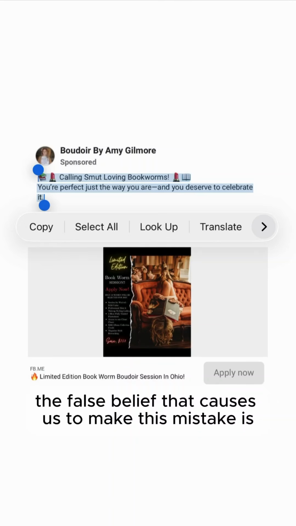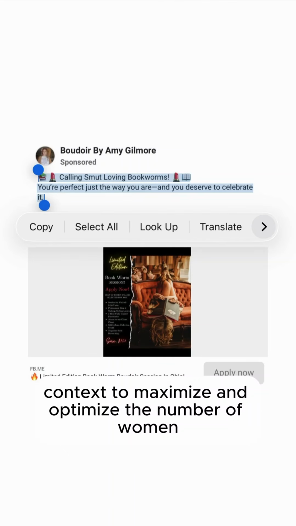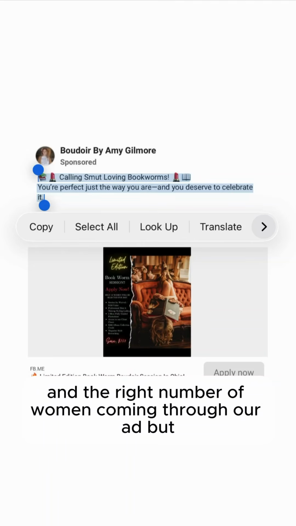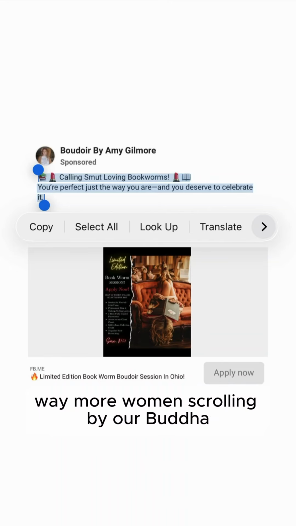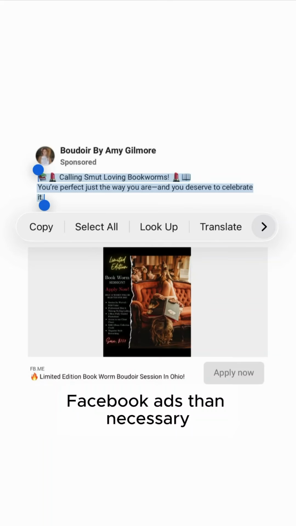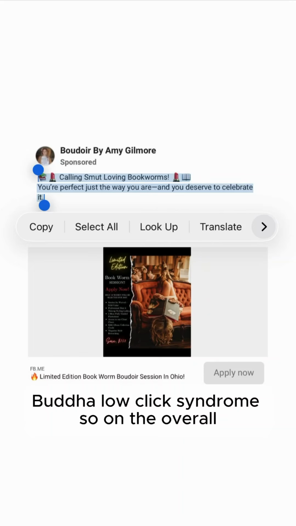The false belief that causes us to make this mistake is we believe we provide enough context to maximize and optimize the number of women, and the right number of women, coming through our ad, but we didn't do that. So the consequence is way, way, way more women scrolling by our boudoir Facebook ads than necessary, pulling our unique CTR under 6%, contributing to BLCS, boudoir low click syndrome.